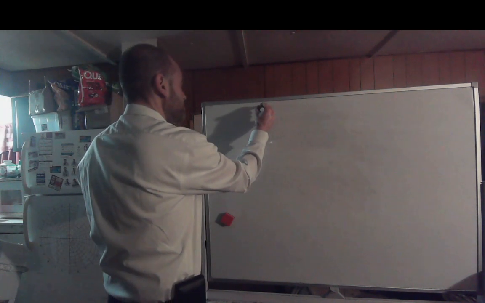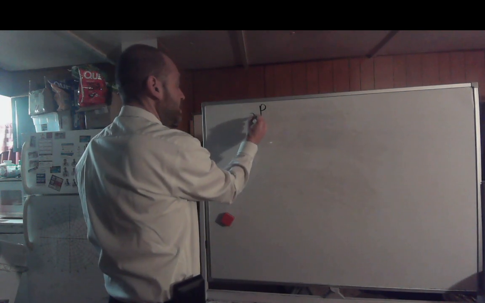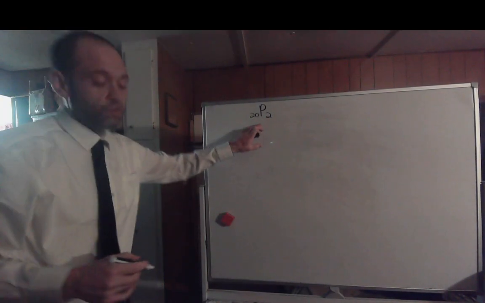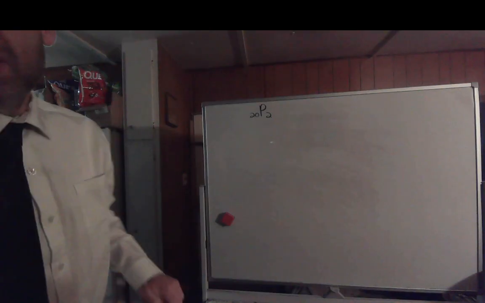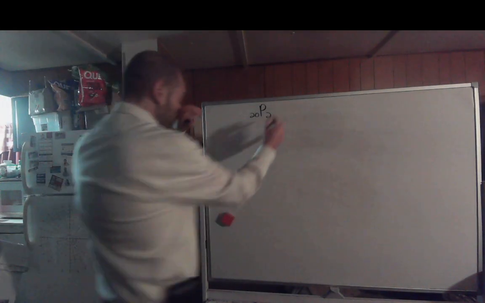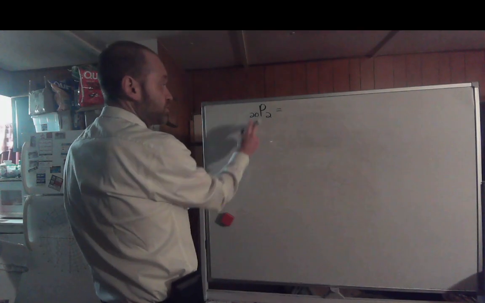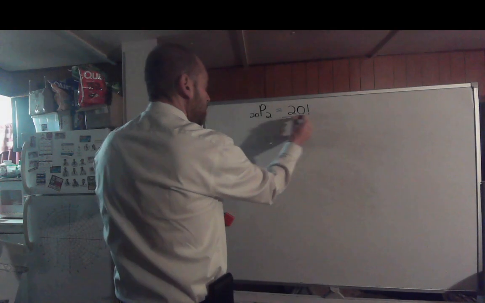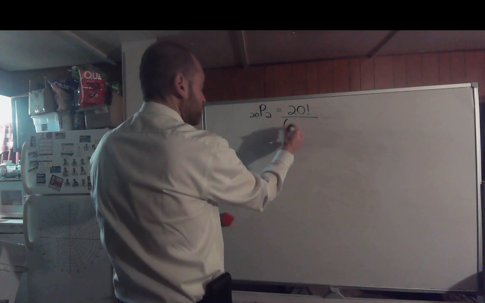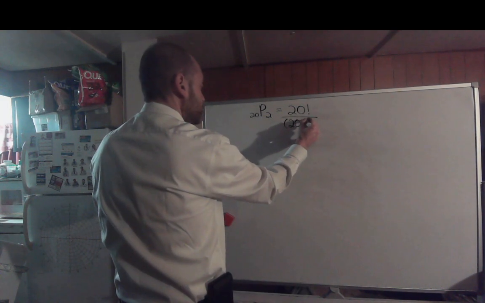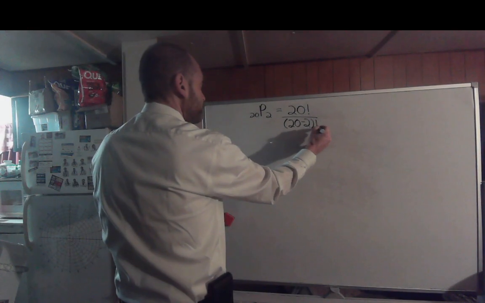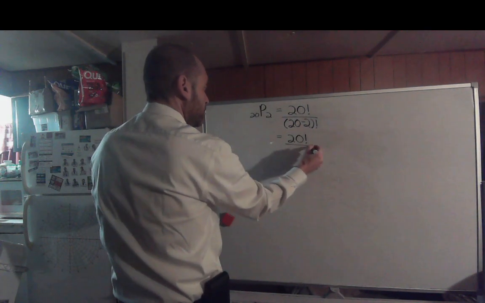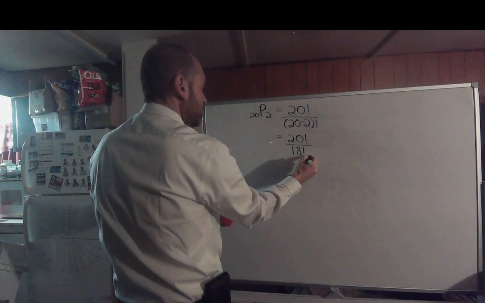Alright, let's say I'm doing the permutation of 20 items 2 at a time. So I'm going to take 20 things 2 at a time. This is going to be equal to, that 20 is my n, so 20 factorial all over my n minus r factorial, so that'd be over 20 minus 2 factorial, which would simplify into 20 factorial over 18 factorial.